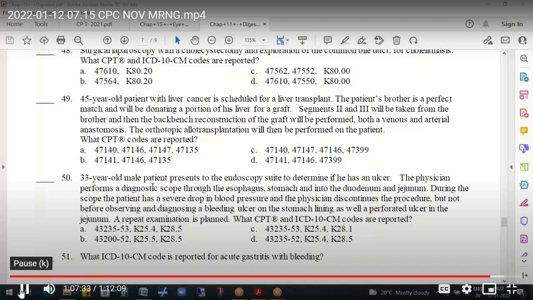Questions related to anastomosis, gastrostomy and enterostomy are direct questions. If you understand the terminology, you can do them. For example, enterostomy: entero means small intestine, ostomy means artificial hole creation.